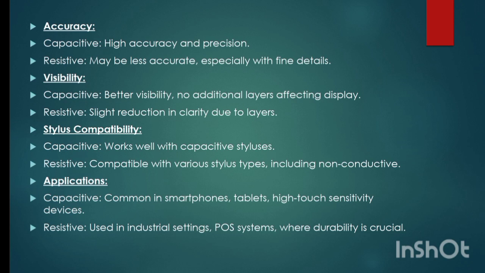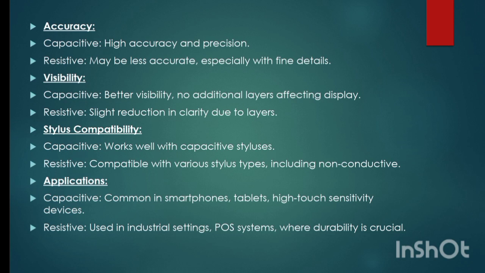Visibility. Better visibility is shown in capacitive type because there are no additional layers affecting it. Resistive type touchscreens are slightly lower in clarity due to layers. Stylus compatibility. Capacitive types work well with a capacitive stylus.